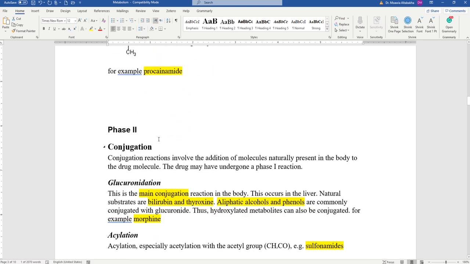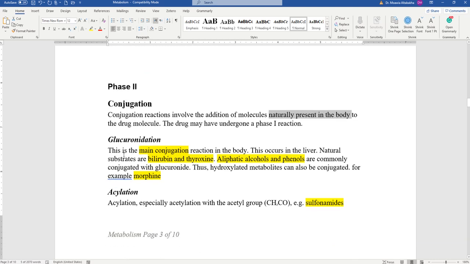Phase 2 reaction, as I said previously, is a synthetic reaction. We are adding a molecule that is naturally present in our body to the drug molecule or the metabolite of the drug. Of course, the main type of conjugation is glucuronidation.